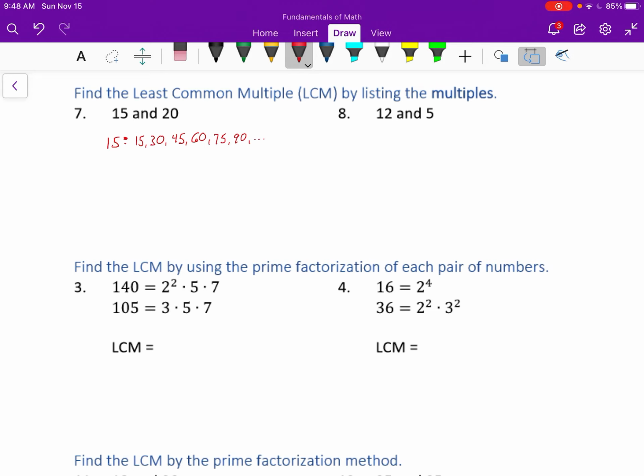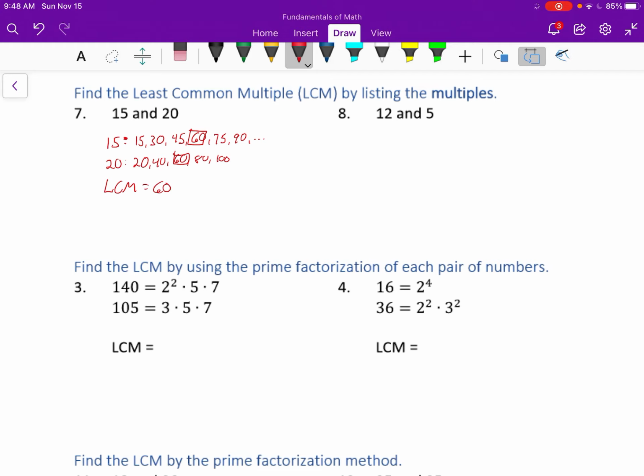We could always go more if we need to, but I think we'll be okay. 20. In fact, the multiples of 20, we should be able to count by 20s pretty easily. 20, 40, 60, 80, 100, and we see our least common multiple is 60.